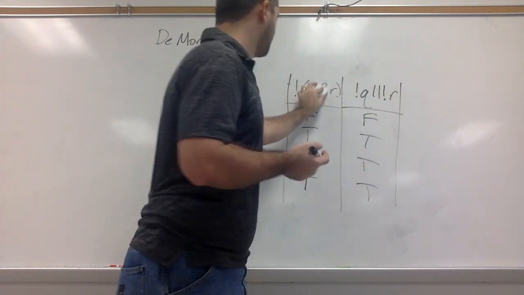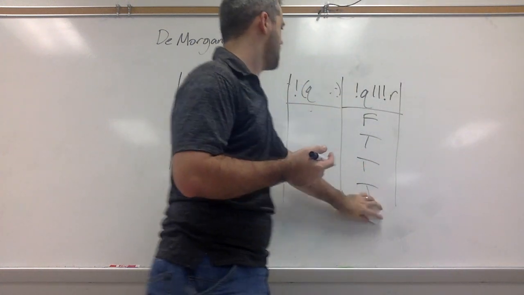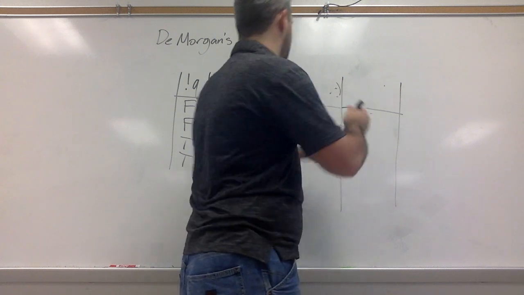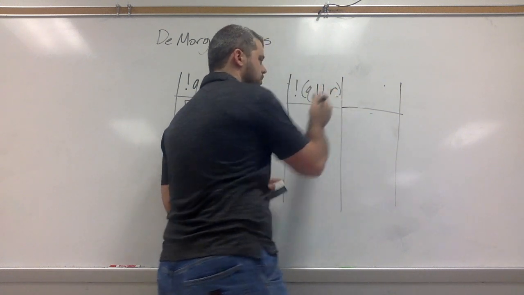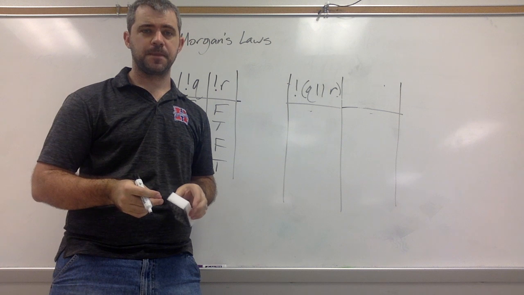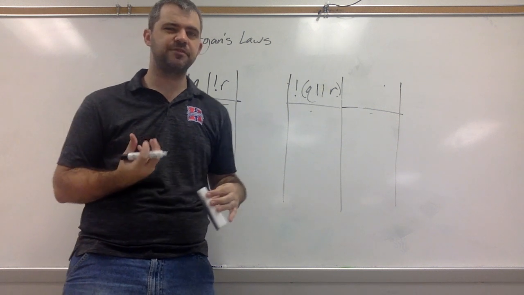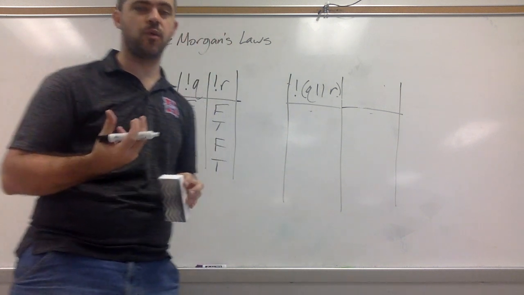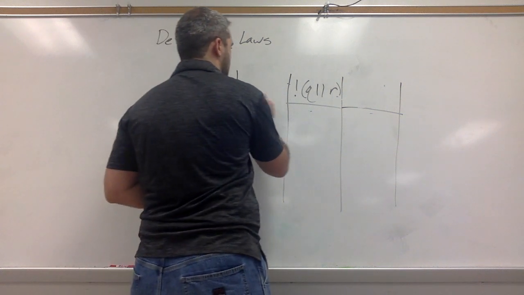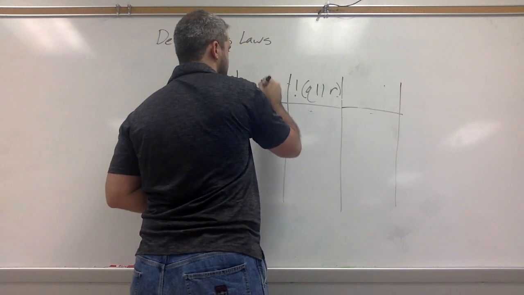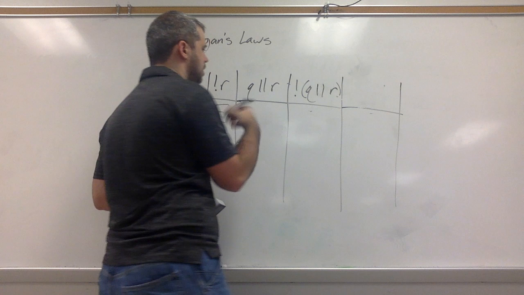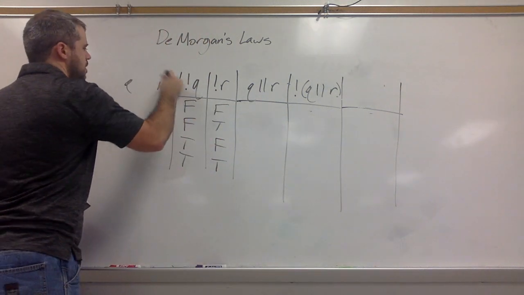Now, the other thing we're going to try to do is negate an or statement. Just gut feeling, you might have a guess of what this is going to be. Let's start with our regular OR statement.